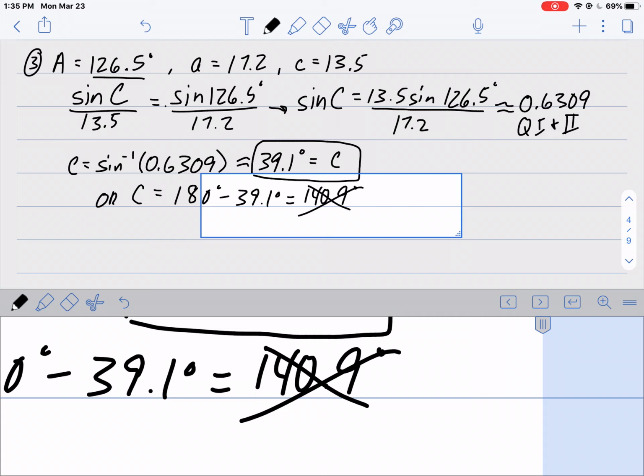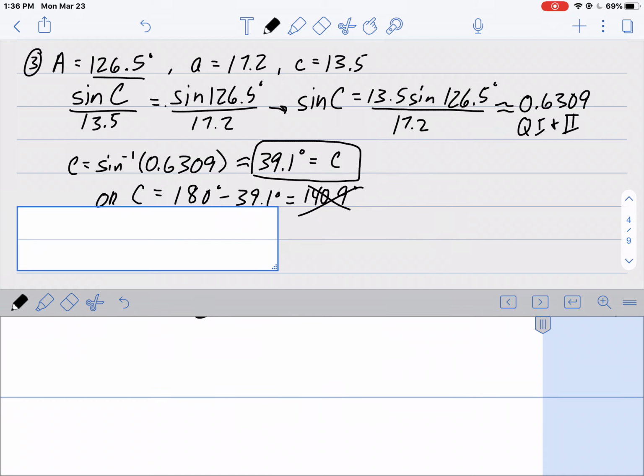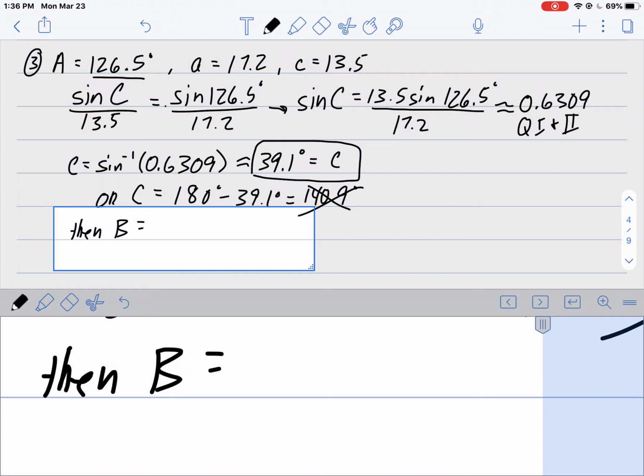So then what do we need? We need side B. We need angle B. Well, now that I have angle C, let's go with angle B. Once I find that second angle, then I can find my third angle, right?